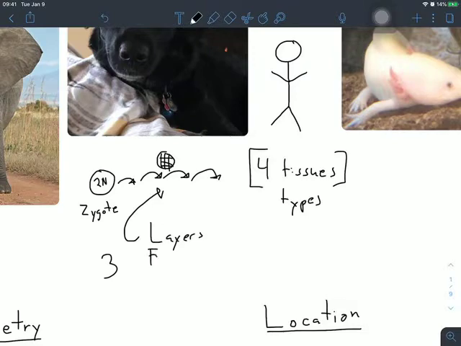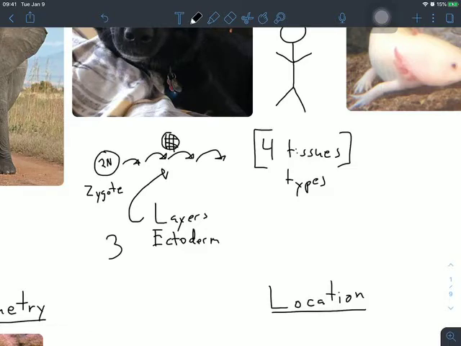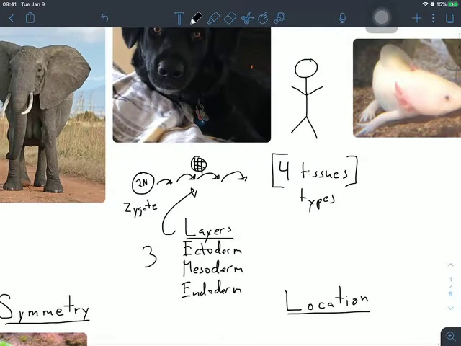The outside being the ectoderm, the middle component where organs develop, the mesoderm, and then the internal lining of your digestive system, the endoderm. And these are our 3 tissue layers.